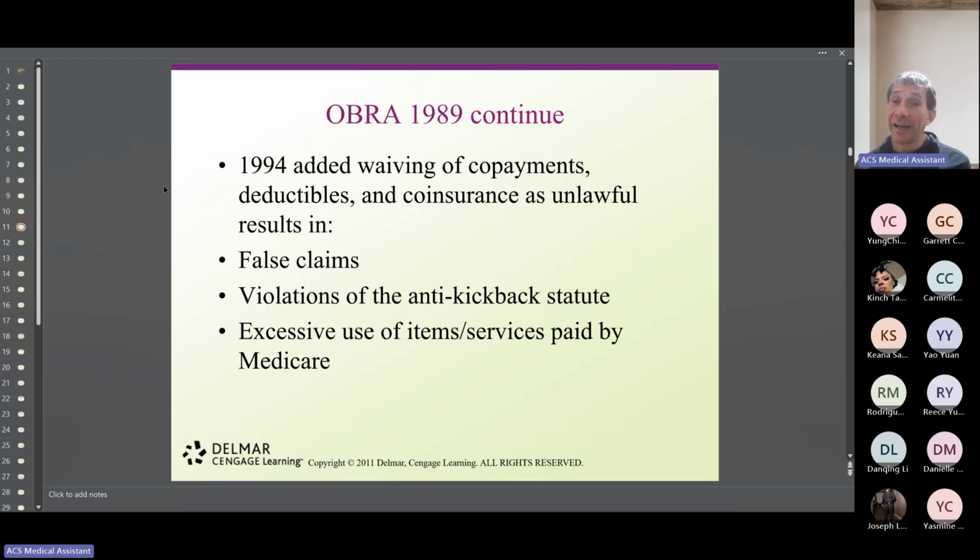Why? Because when I order a service, I get paid twice. When I order it, I get paid, and then when I give you the results, I get paid. But if I'm just examining you and nothing else, I'm just going to get paid once. For any services that I do, I'm going to get paid more. And see, another anti-kickback violation: you refer your patients to a particular imaging center.